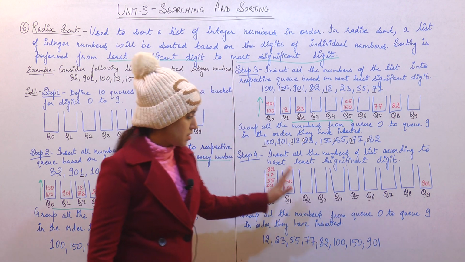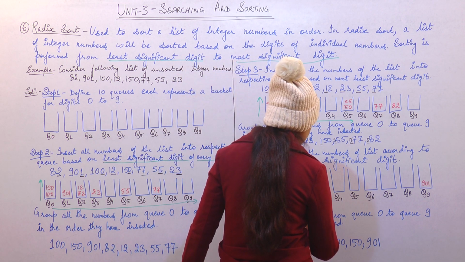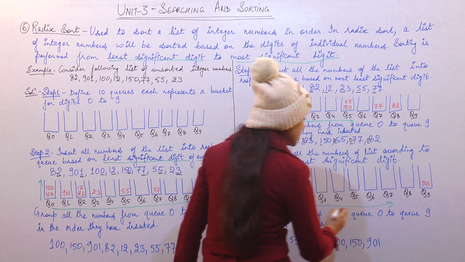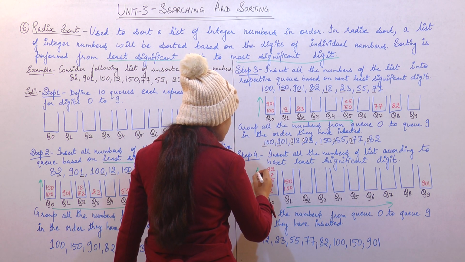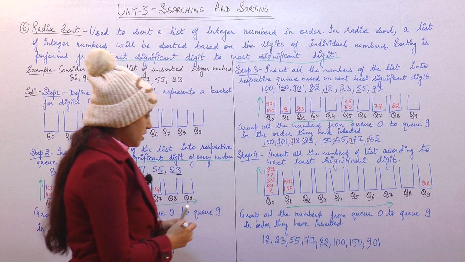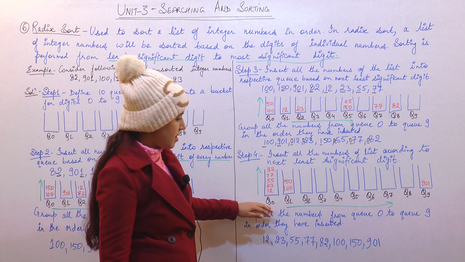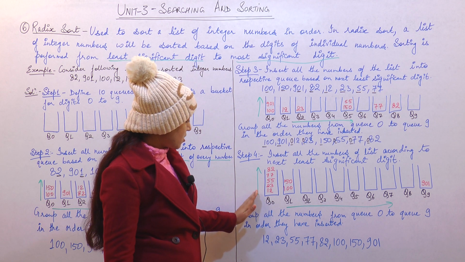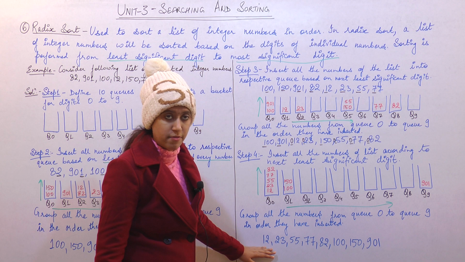Now again we will follow the same condition, we will group all these numbers from Q0 to Q9 bucket and from bottom to top. We will group all these numbers. Now we will start with Q0 and from bottom to top. So Q0 first contains 12, so 12 is written first.